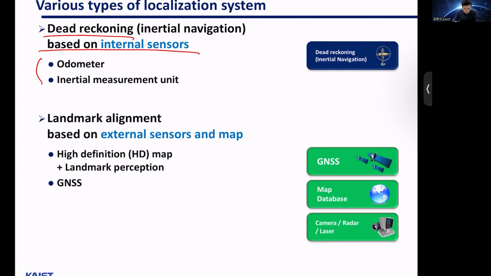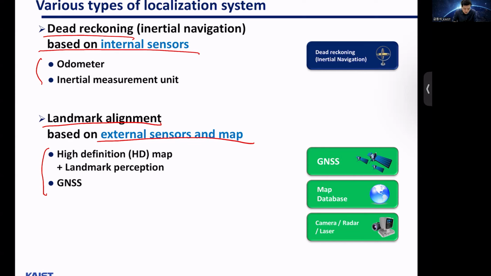Another type of localization method is landmark alignment using external sensors and a map, which uses a high definition map, landmark perception and GNSS information.